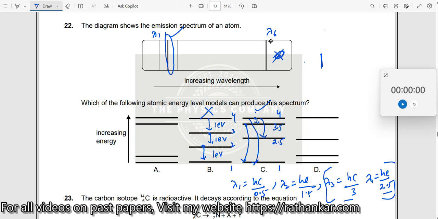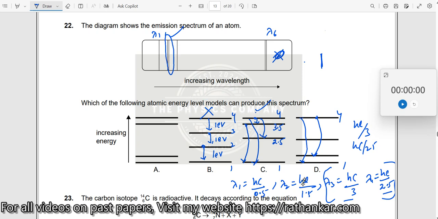If I want to account for it, maybe I can get help from here. So what can happen here? One electron can jump from here to here. This is 4, this is 1, 4 minus 1 will be 3, hc by 3. And if an electron jumps from here to here, you get hc divided by 2.5, which might correspond to something like this once again.